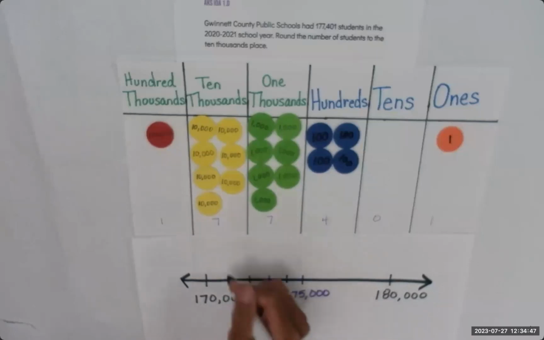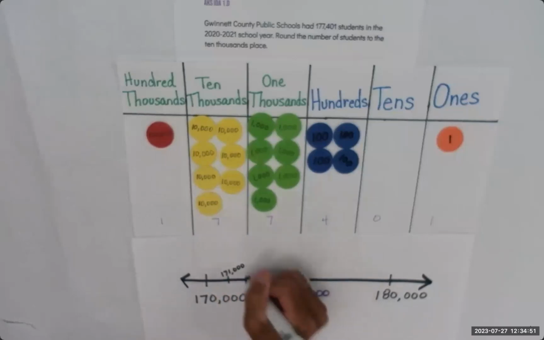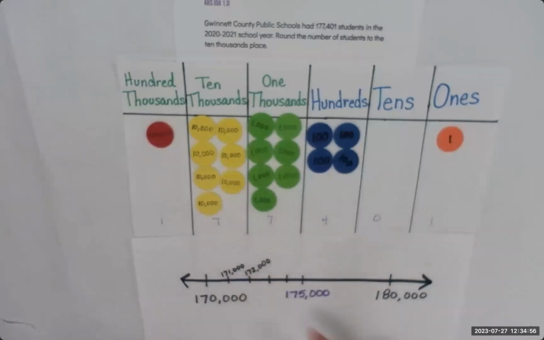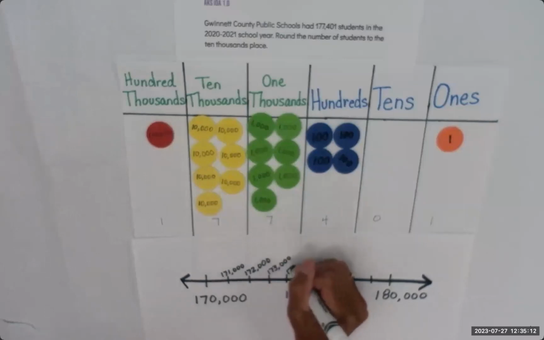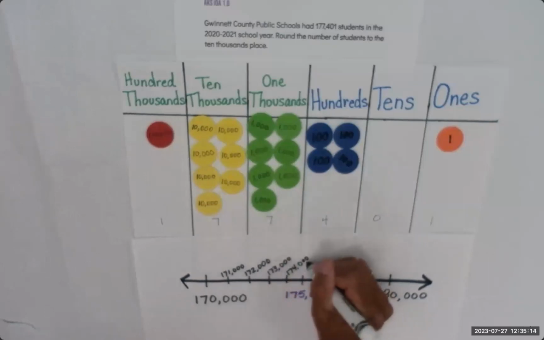So this first tick mark could be 171,000, 172,000, and so on, where if they found each of the 1,000s, there's 10 1,000s in a 10,000, they could actually number those to find the midpoint. All right. So that is also another way you could number this number line.